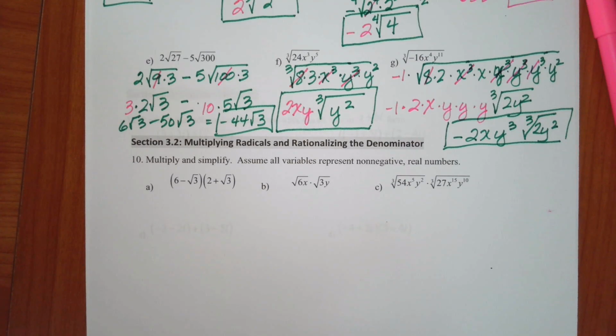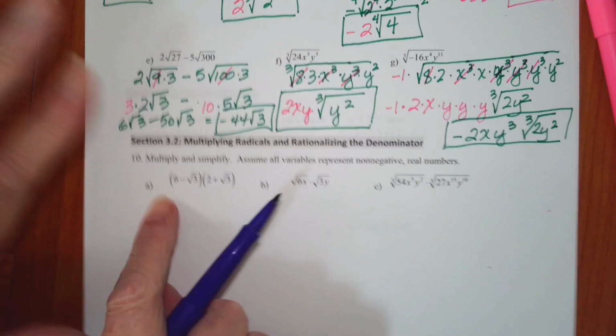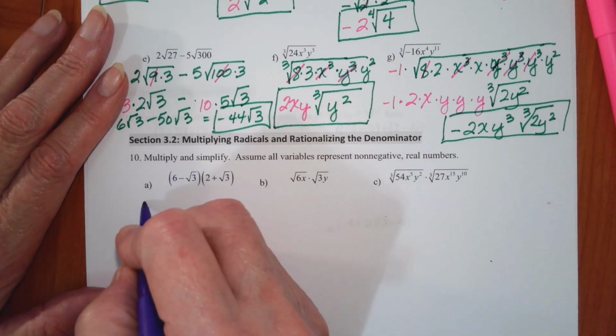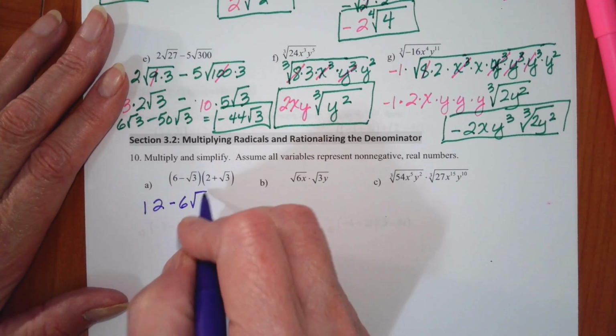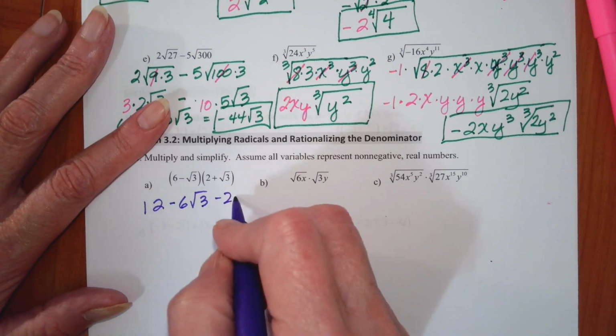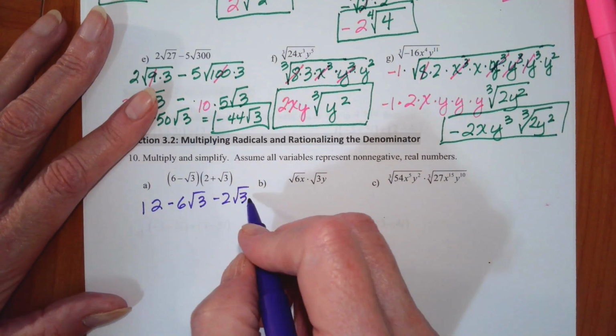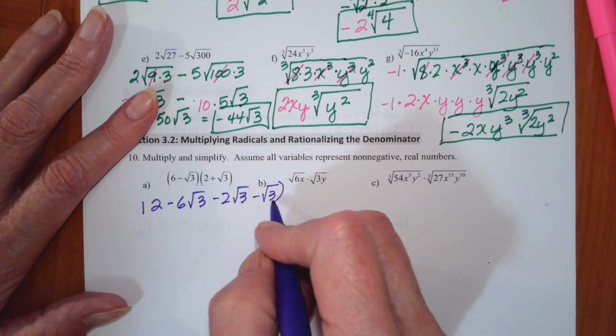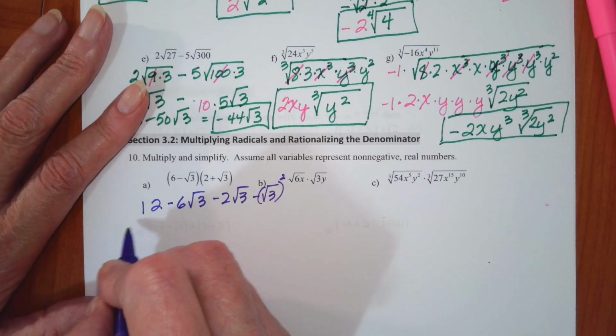If I want to multiply and simplify, all right, here I'm just going to distribute. I'm going to use FOIL. So this gives me 12 minus 6 root 3 minus 2 root 3 minus the square root of 3 squared.